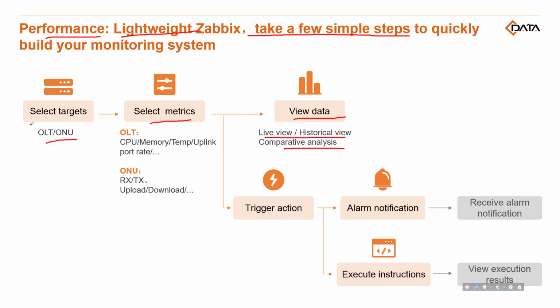This is the standard process. You can configure trigger actions at the same time, such as alarm notifications, so you can receive alarm notifications as soon as possible. Or you can configure execute instructions and then view the results.